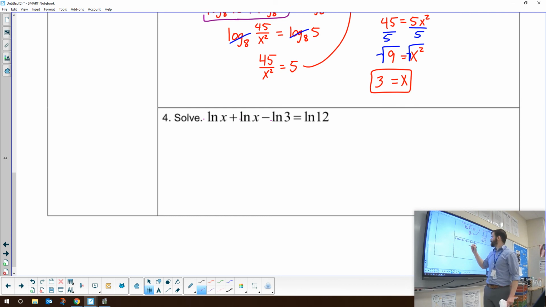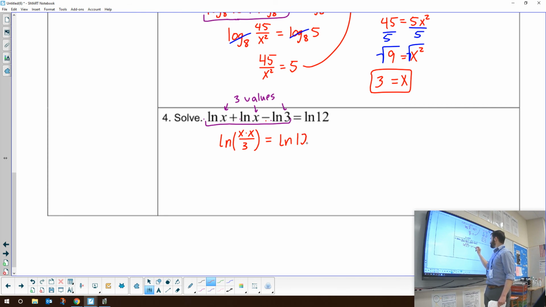Since I have 3 values, 1, 2, 3 values here, we're going to need 3 values whenever I squish all 3 of these together. So we can rewrite it as the natural log of, well, my first one is an x. And then I'm adding, so I'm going to multiply another x on here. And then I'm subtracting, so I'm going to divide 3, equals the natural log of 12.